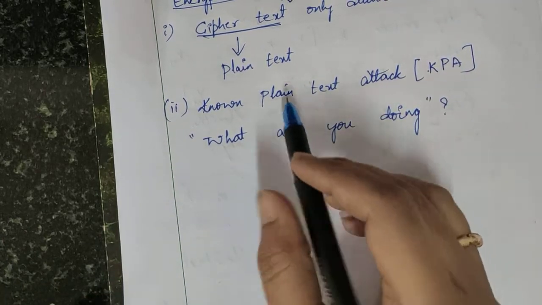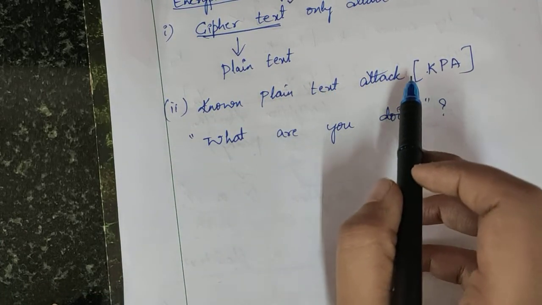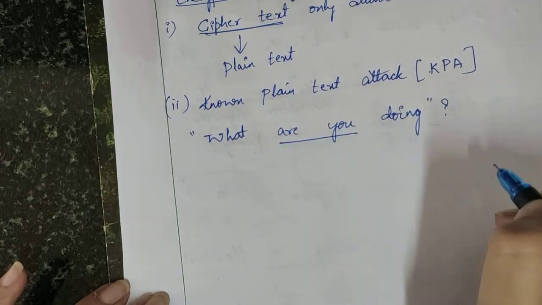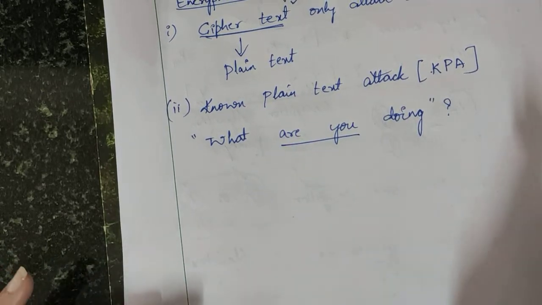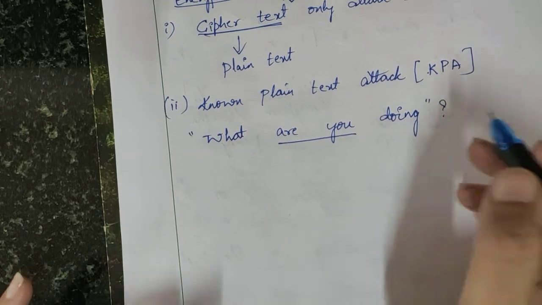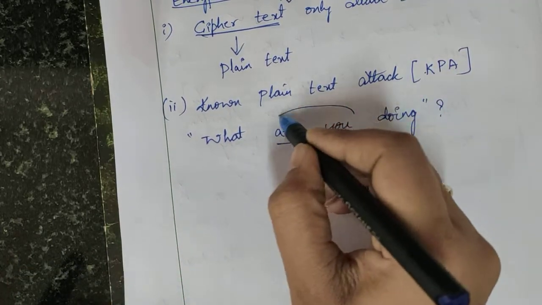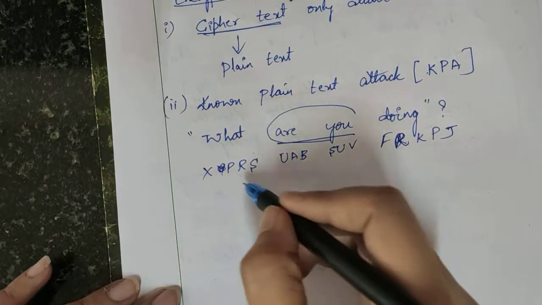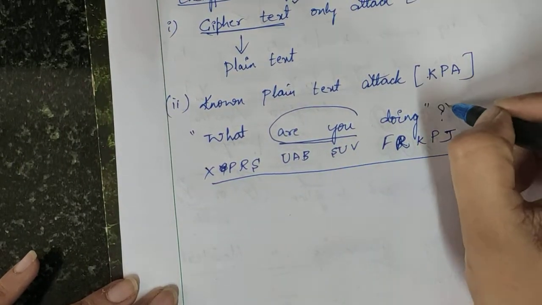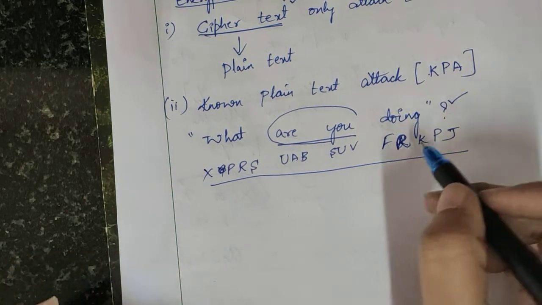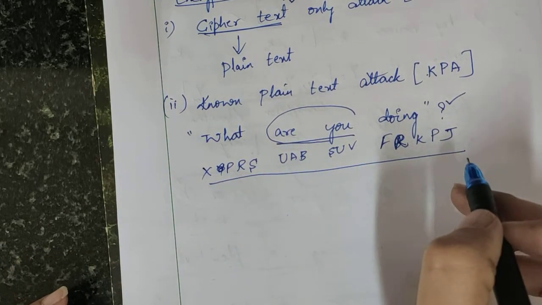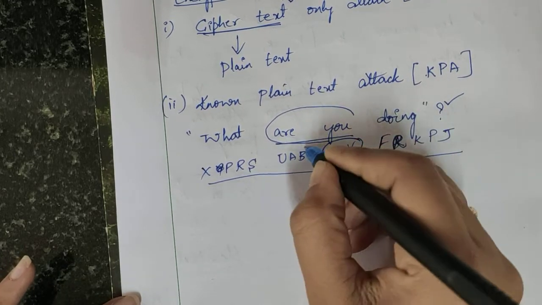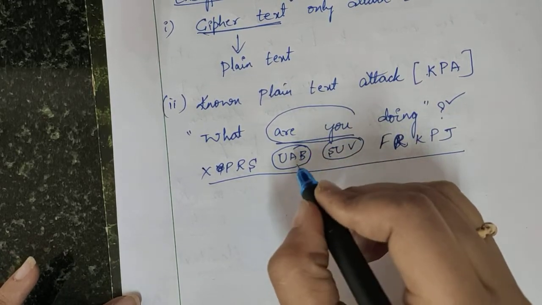What happens in a known plain text attack is that for some part of the plain text, let us consider this is the ciphertext for this plain text, I can consider SUB and UAB.